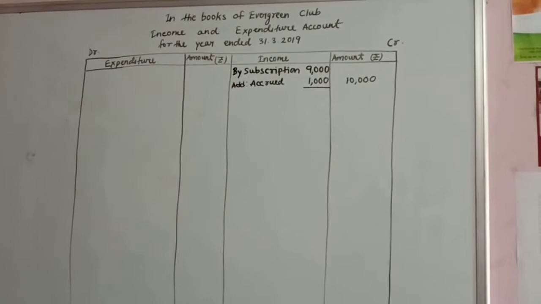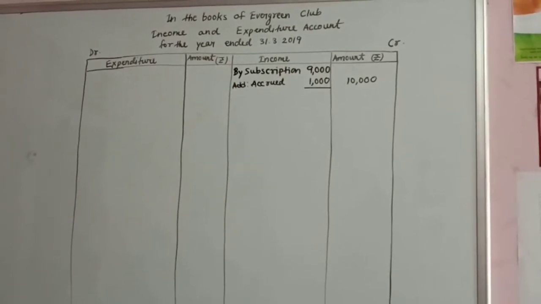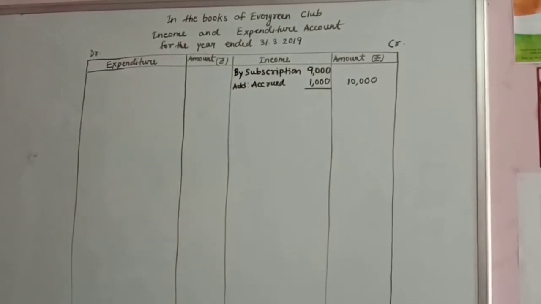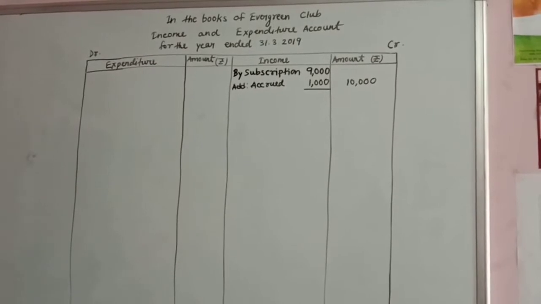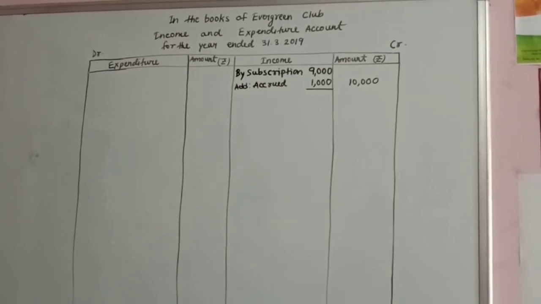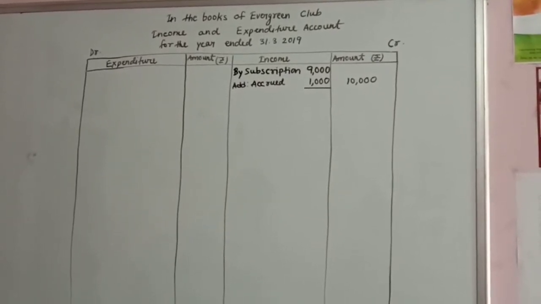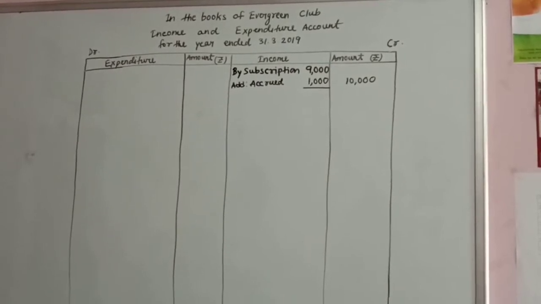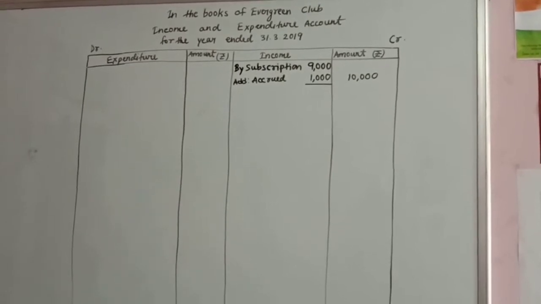Okay, the next you see is interest on investments. I told you that whenever you have interest on investment, it has to be related with any amount of investment provided in the question. Now you will see in your question, you have an investment that was purchased on 1st of July 2018, with an interest of 12%, amounting to rupees 10,000.